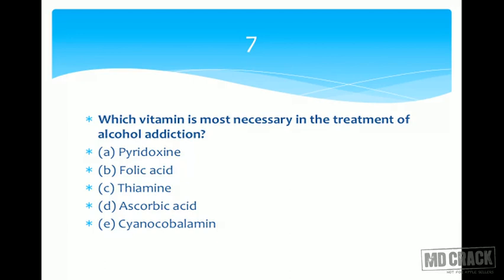Which vitamin is most necessary in the treatment of alcohol addiction? I hope you know alcoholism depletes number of nutrients inside the body. Let's have a look at the options. Pyridoxine, folic acid, thiamine, ascorbic acid, and cyanocobalamin. Pyridoxine is vitamin B6.